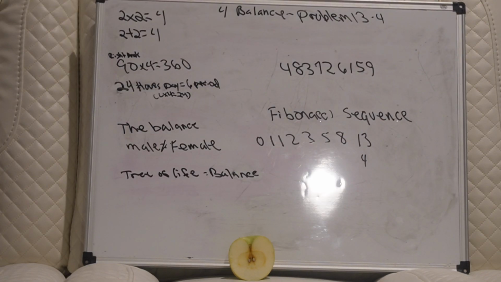So I'm going to talk about the Fibonacci sequence, show you that and how it relates to 4 on that, and I'm probably going to show you some of the keys, how it also relates to show you the cycles of life and that as well, the 3, the 6, and the 9.